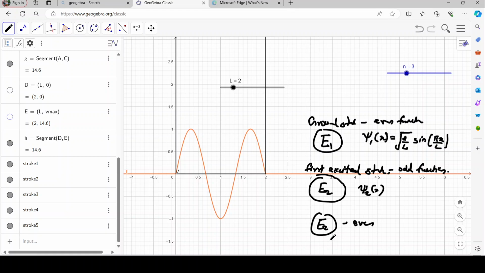And for n equal to 4, we will get an odd function. Yes, for n equal to 4, we are getting an odd function. So about the midpoint, it is showing exactly opposite. The psi of x and psi of minus x are different. So it is what is called an odd function.